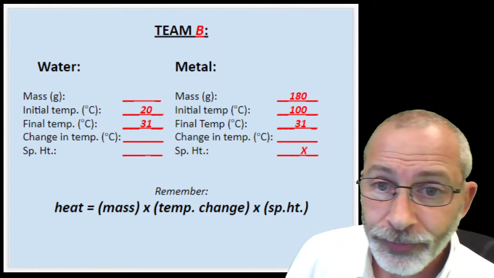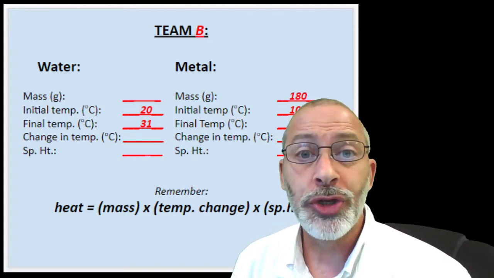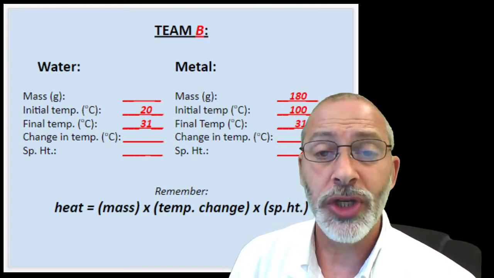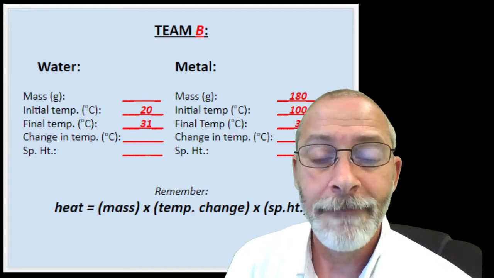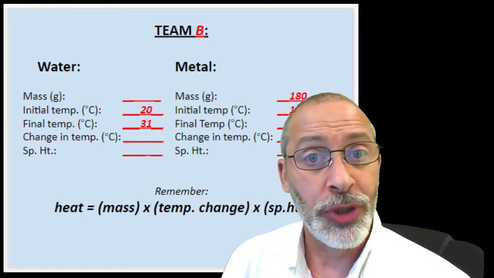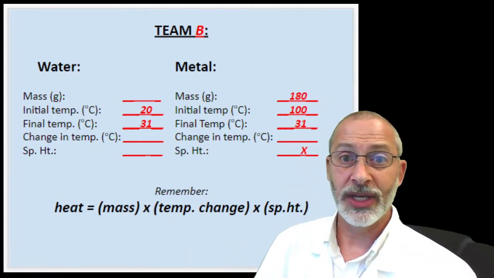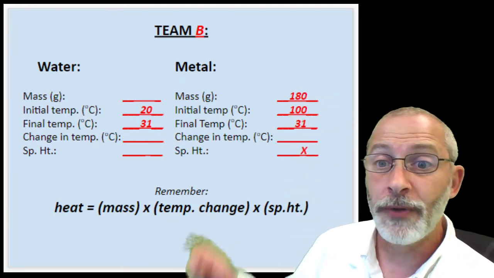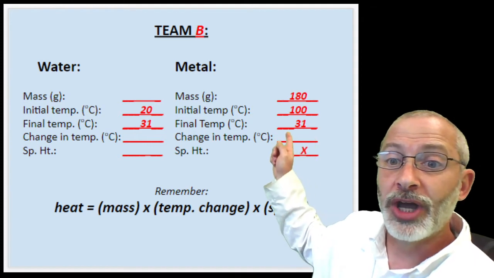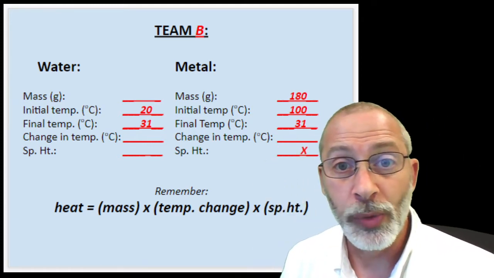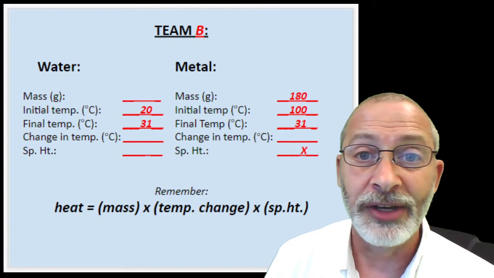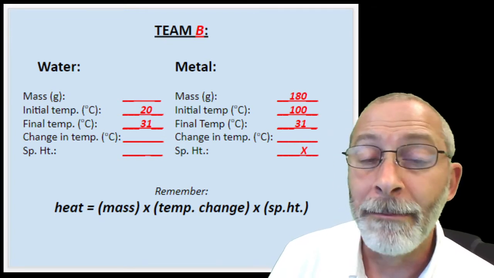Team B, your initial temperature for the water was also 20 degrees, and your final temperature was 31 degrees Celsius, which consequently is also the final temperature of the metal.